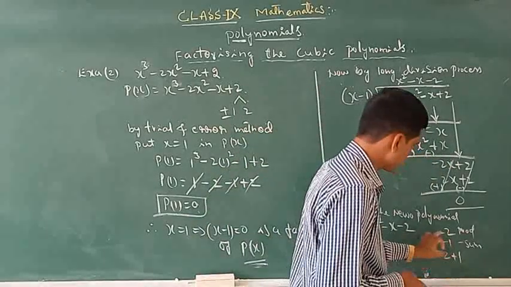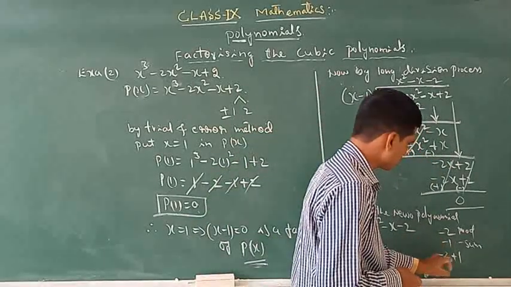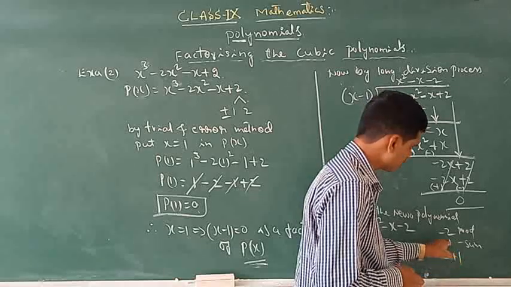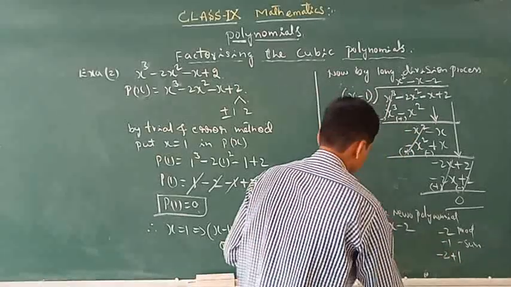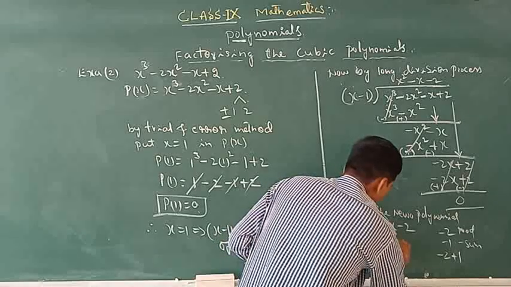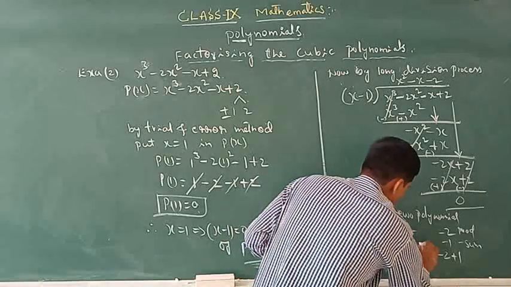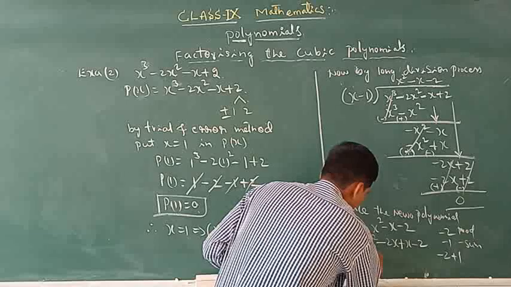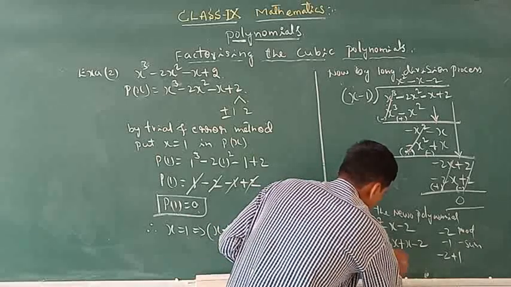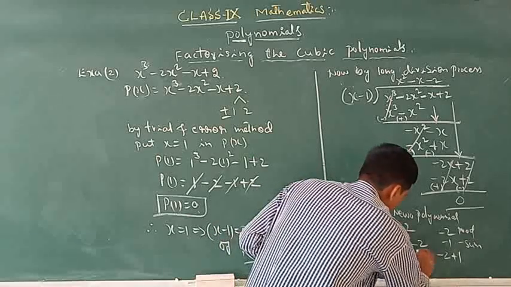Subtracting 2 minus 1 is 1, and the highest integer is minus. That's why x square minus 2x plus x minus 2. Take out the common factor x minus 2, and plus 1 is common, with x minus 2 left.